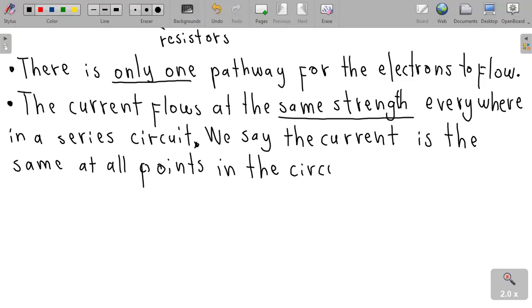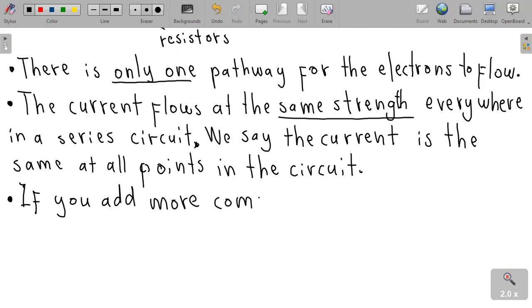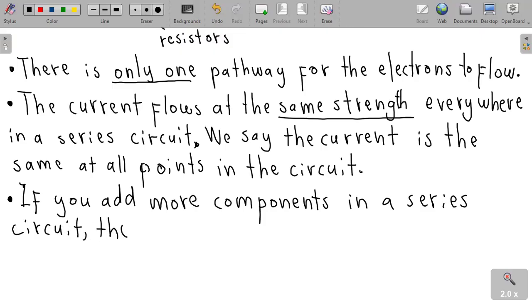And then the last point to know is that if you add more components in a series circuit, the current will decrease.